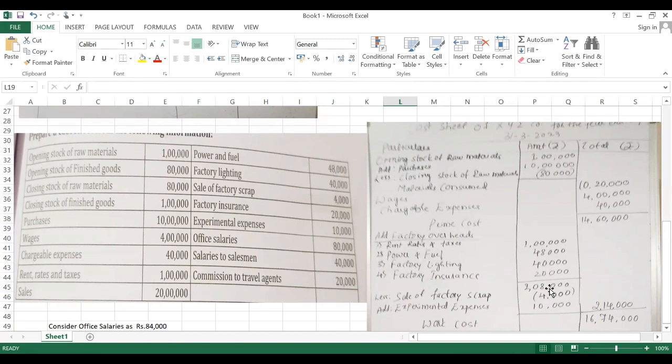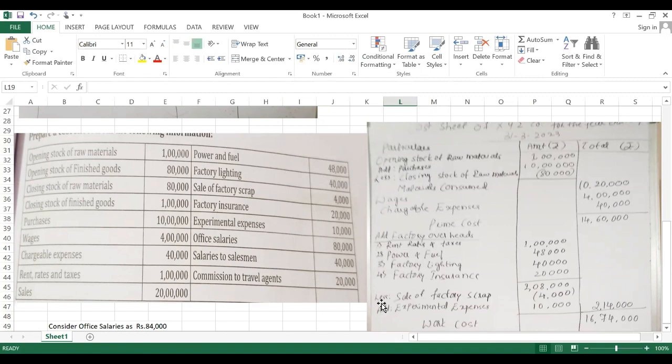Add it, and go through the format again. Here, sale of factory scrap. Something you have sold, some machinery, maybe wastage or anything. Some scrap you have sold and you got some amount which is related to the factory. So for sale of factory scrap, what you have to do? You have to deduct.